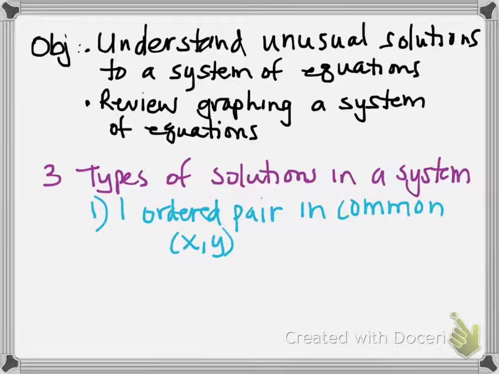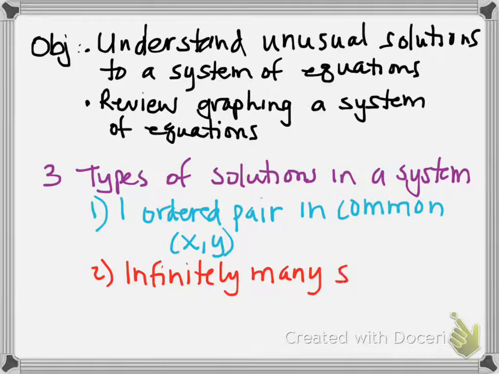The second one, what we just did when we were doing graphing, was infinitely many solutions. And by the way, there is no abbreviation for this. You cannot write IMS, Isaac Sowers Middle School, right? It's infinitely many solutions. And that came about when the two equations were identical.